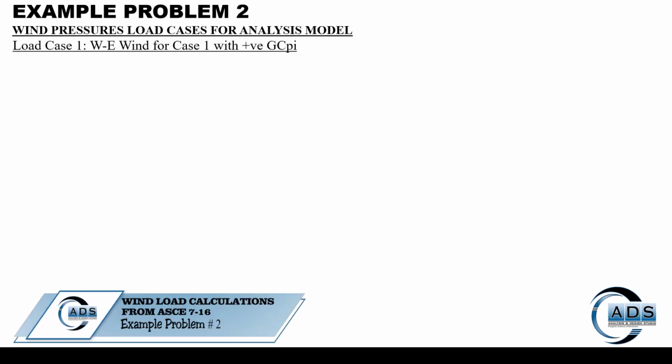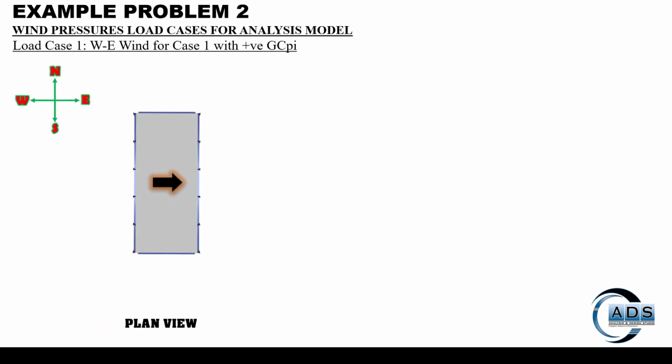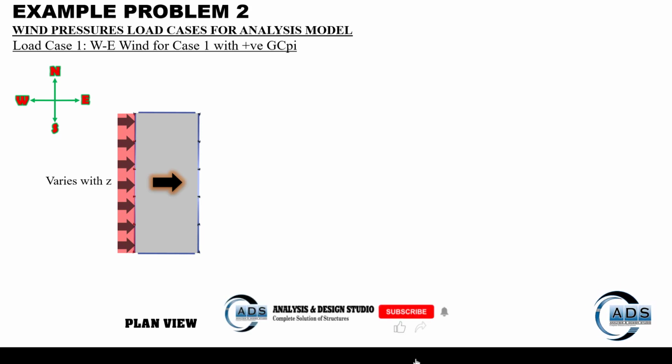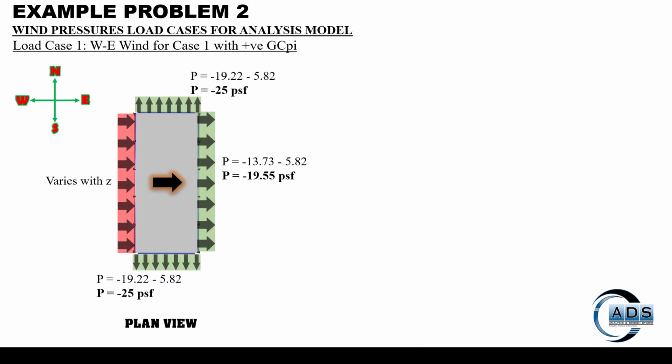For load case 1, when wind is blowing from west to east, for case 1 with the positive GCPI, this is the plan view, this is the windward wall, and its pressure is varying with Z, and it's the leeward wall pressure, these are the side wall pressures.